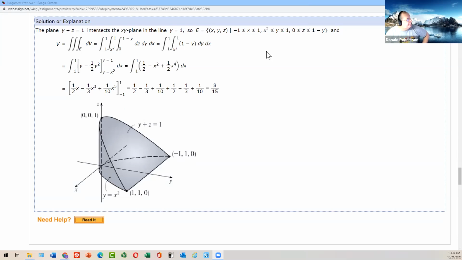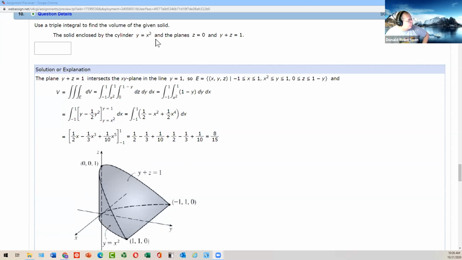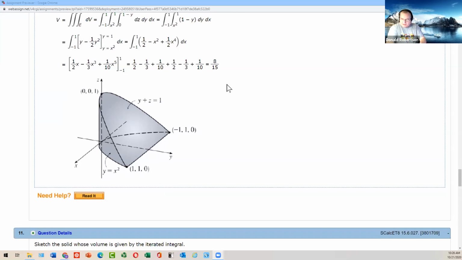If you look at what y equals x squared looks like, y equals x squared is on the ground as y equals x squared. But can you imagine the piece of paper going vertically upwards, keeping that y equals x squared shape all the way. Now you put those two together and they intersect, and that's where these corners came from, and that's where the 1 and -1 came from.